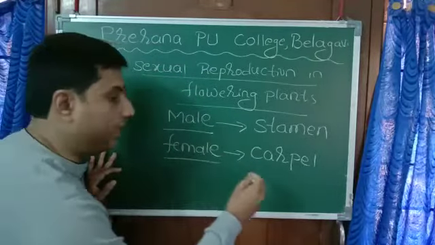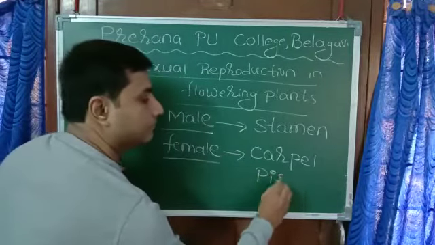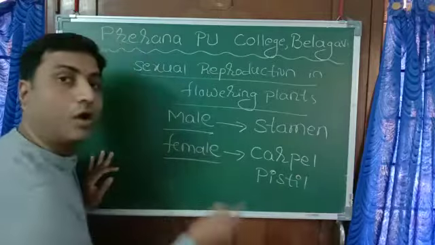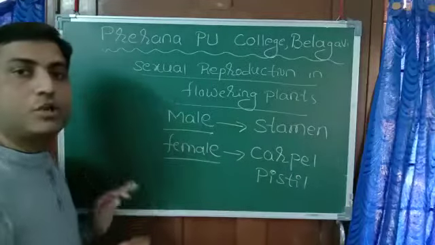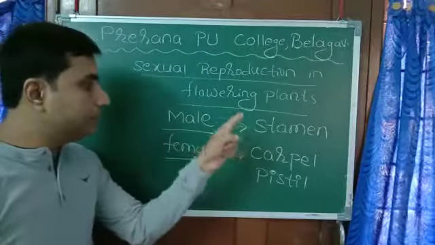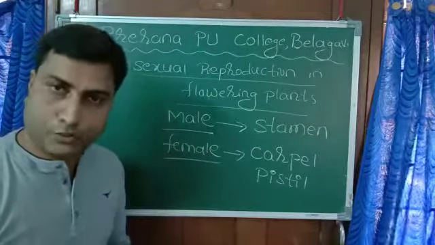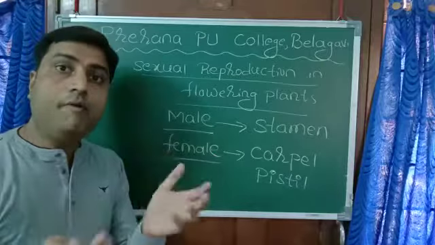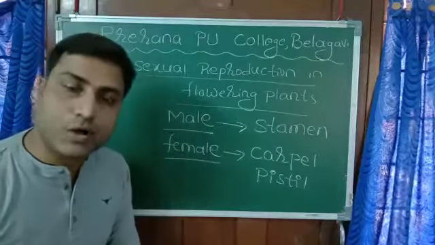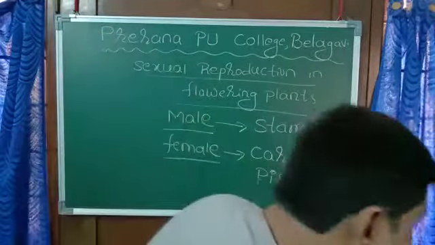Carpel is also called pistil or gynoecium, and stamen is called androecium. So stamen is the male reproductive part, and carpel or pistil is the female reproductive part. Let us study how exactly they help in the process of sexual reproduction.